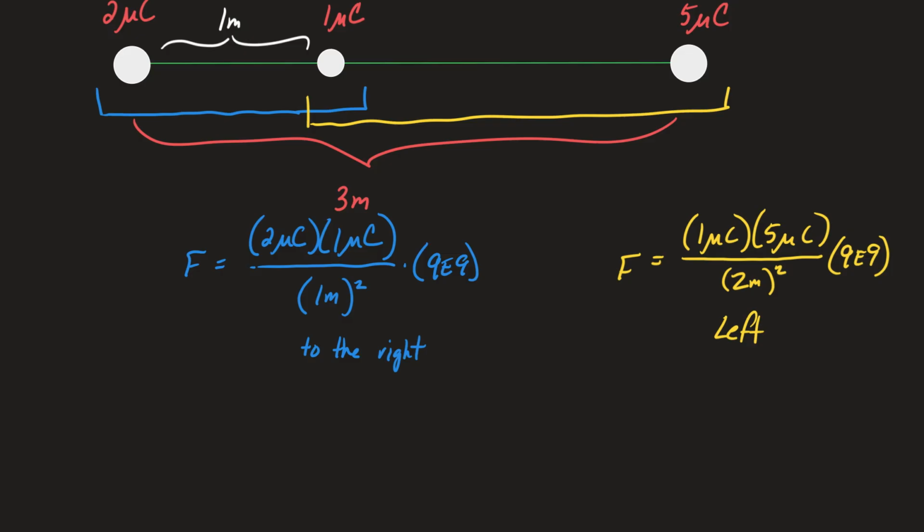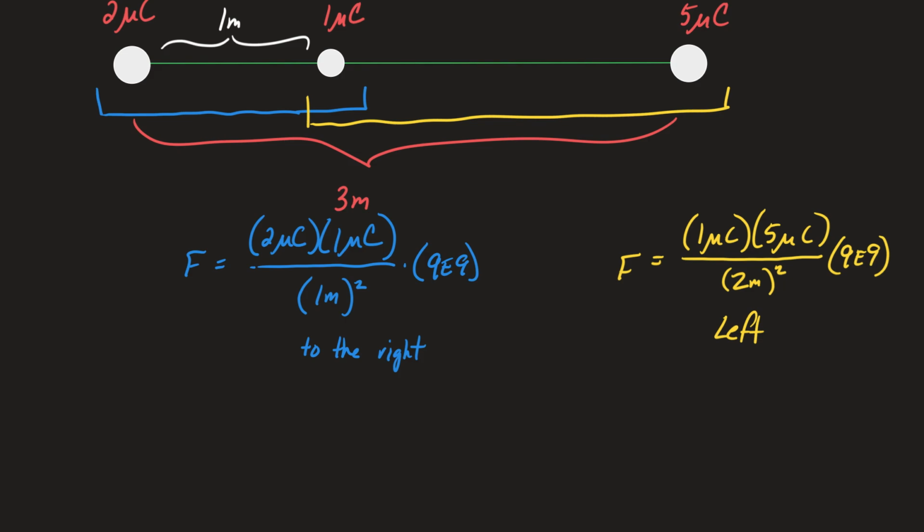Okay, again, you can only do this 2 particles at a time. So now I have to switch to a different pair of particles. So I bracketed the other 2 particles in yellow. They have a charge of 1 microcoulomb and 5 microcoulombs. Separation distance of 2 meters. I had to do that in my head. They're separated by 3, and there's a 1 meter distance on the one side, so I assume 2 meters on the other side. That's right, correct that.